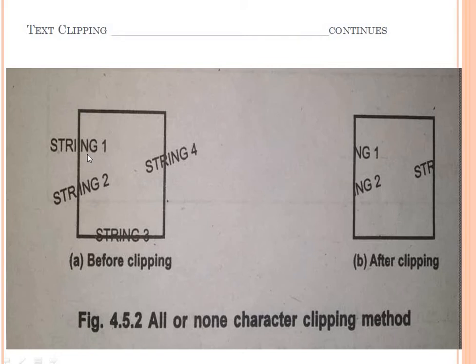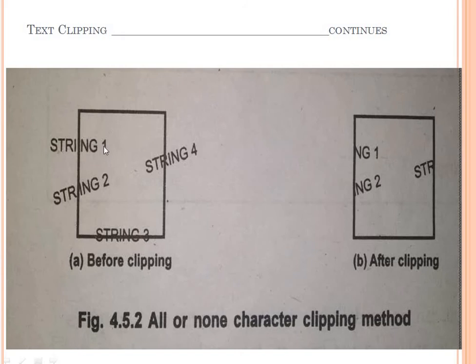So if the rectangle boundary of a character is matched to the clipping window boundary, then it is accepted, otherwise it is rejected.